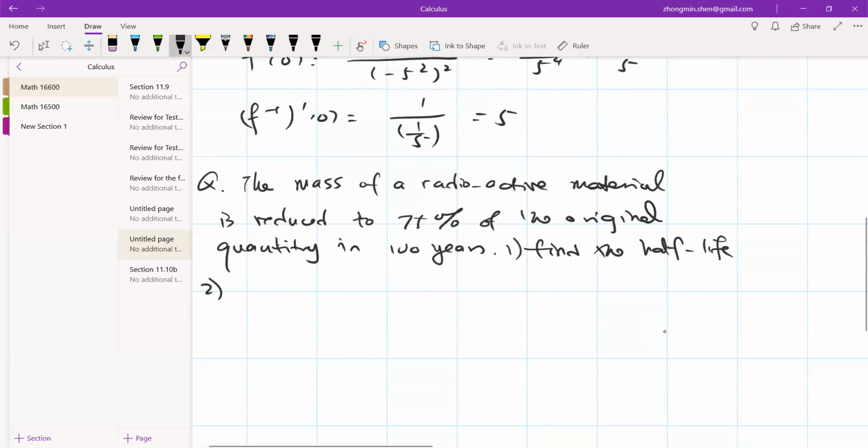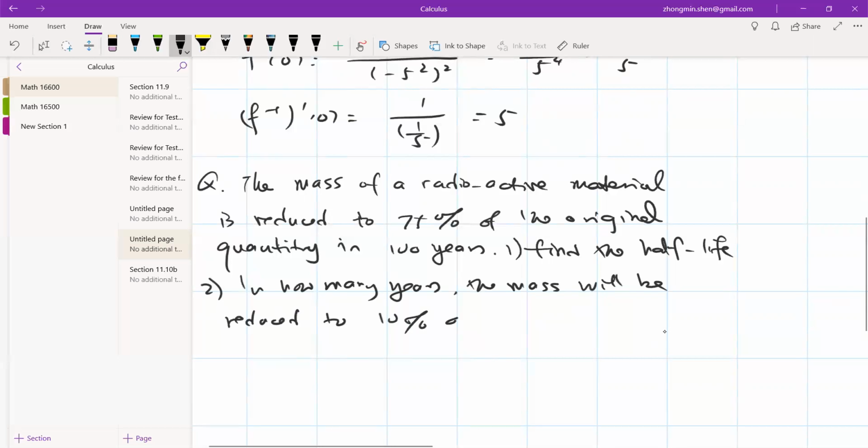You can ask, in how many years will it be reduced to 10% of the original quantity? Yeah, we want to see that.